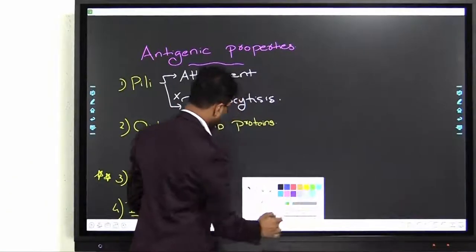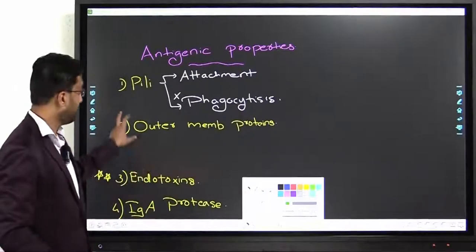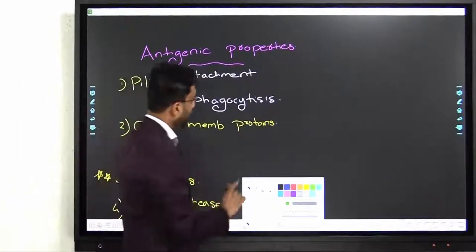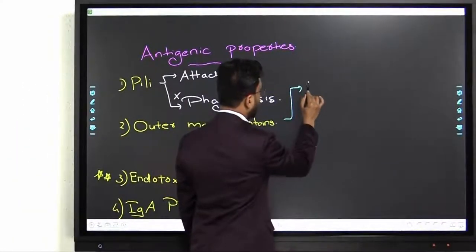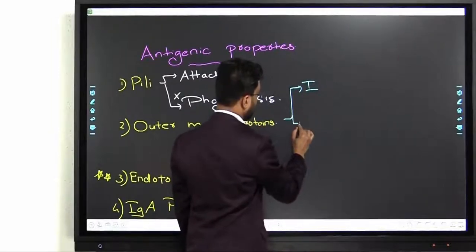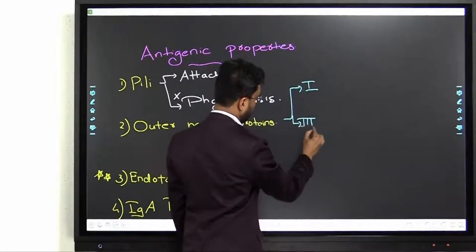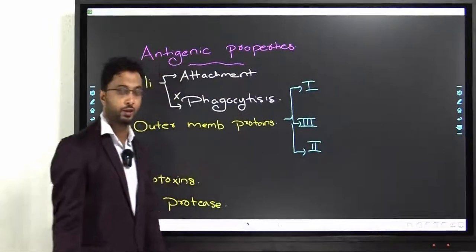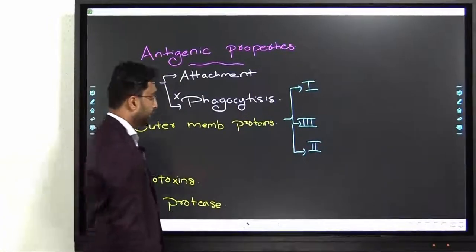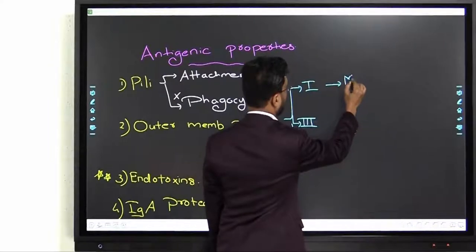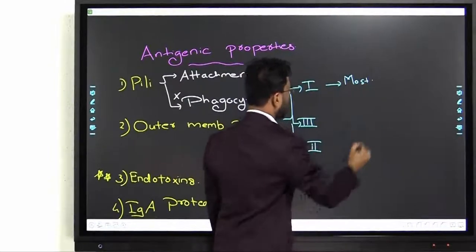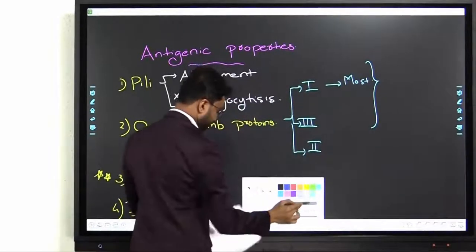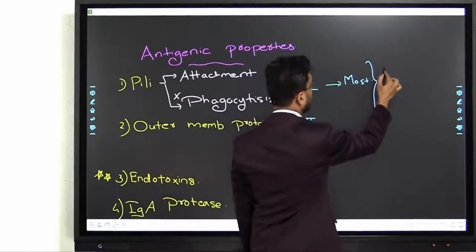Now both endotoxins and the outer membrane proteins are seen on the cell membrane. But here you have to remember three outer membrane proteins: type 1, type 3, type 2. Why have I written 1, 3, 2 instead of 1, 2, 3? Because type 2 is the most important one, but these two, 1 and 3, both help in attachment.